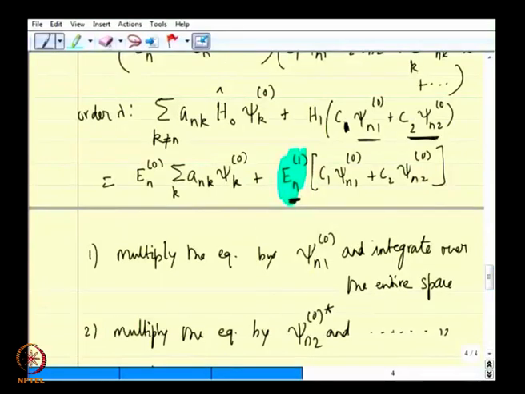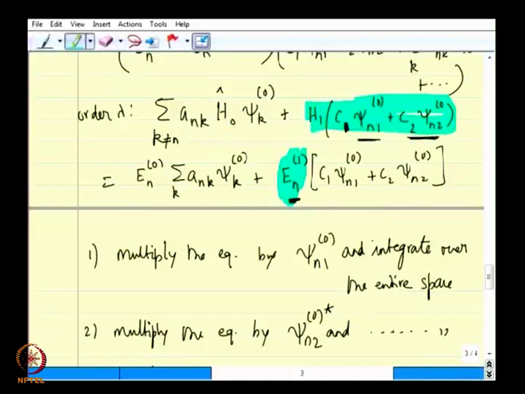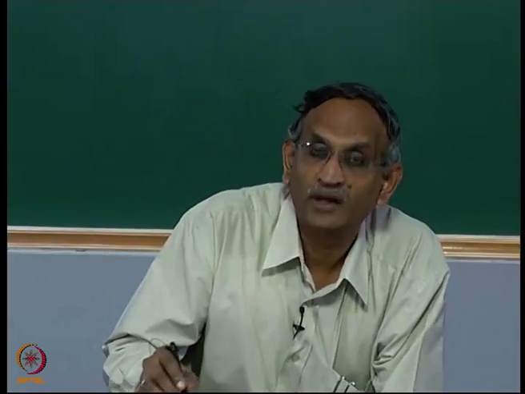The second term in this expression is this. The perturbing Hamiltonian H1 on psi n1 0 may give you psi n1 0 or something else. We have to actually know H1, we have to know the wave functions, therefore this is not a simple statement.